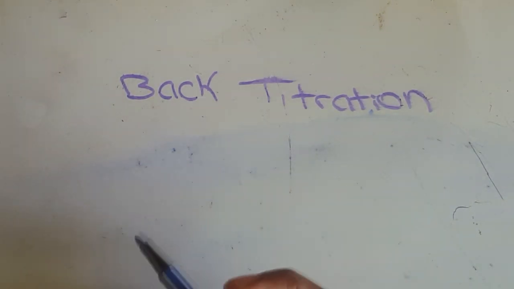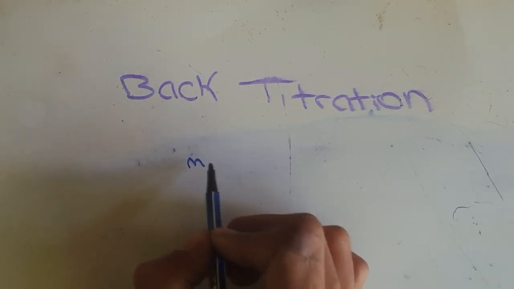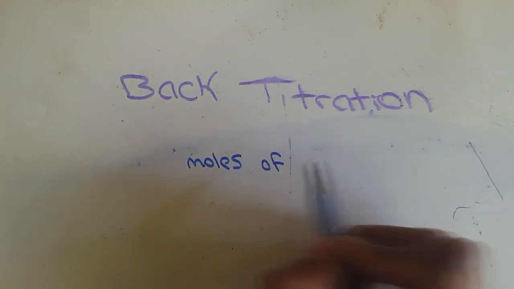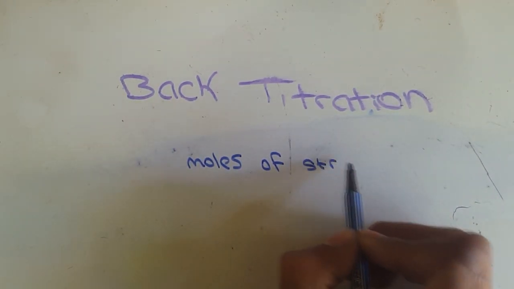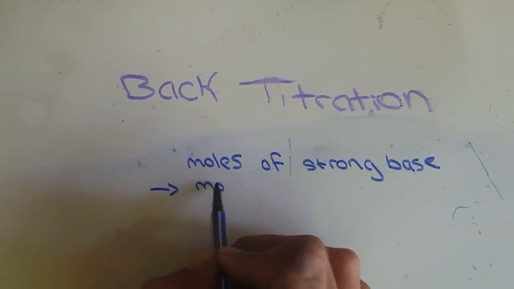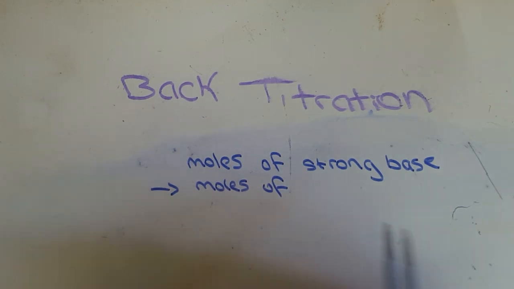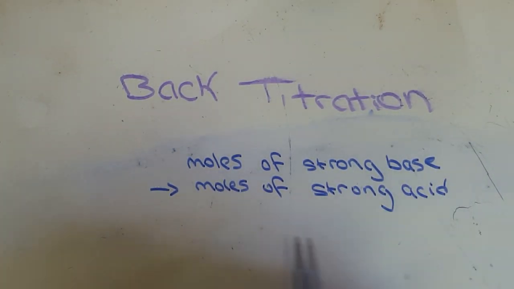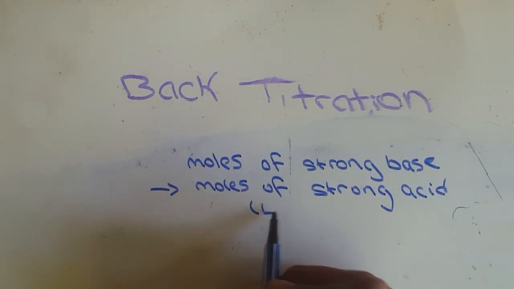So after you titrate the excess acid left with the strong base, you will calculate the moles of the strong base, and using stoichiometry you calculate the moles of the strong acid. So remember, this is the moles of the strong acid left over.